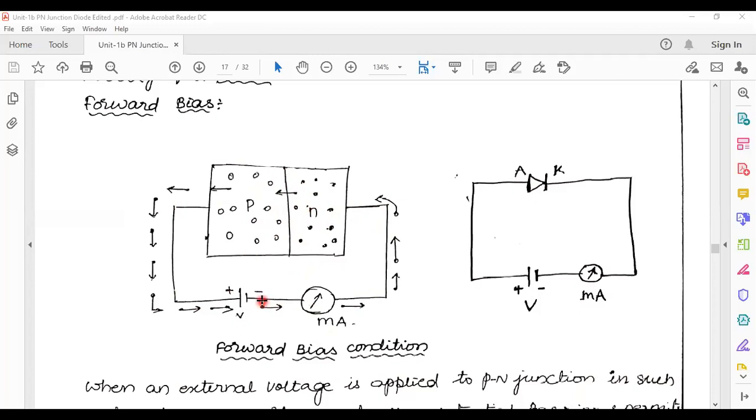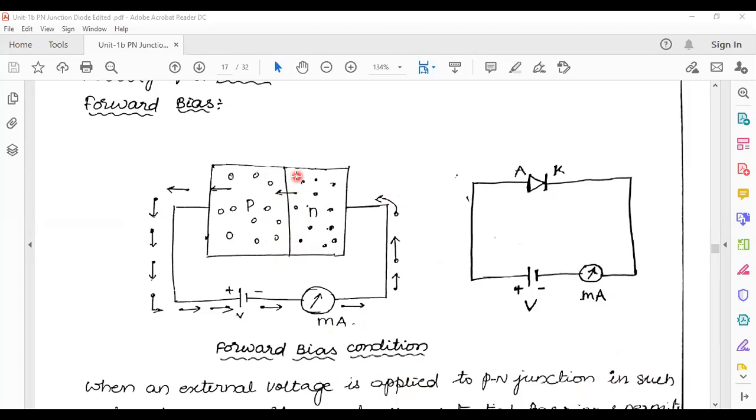Considering only the majority charge carriers, that is electrons, they travel towards the positive terminal of the battery, and the traveling of electrons keeps on increasing. Why? Because the junction layer is very thin, the movement of the charge carriers across the junction is very rapid, and the vanishing of the junction may take place.